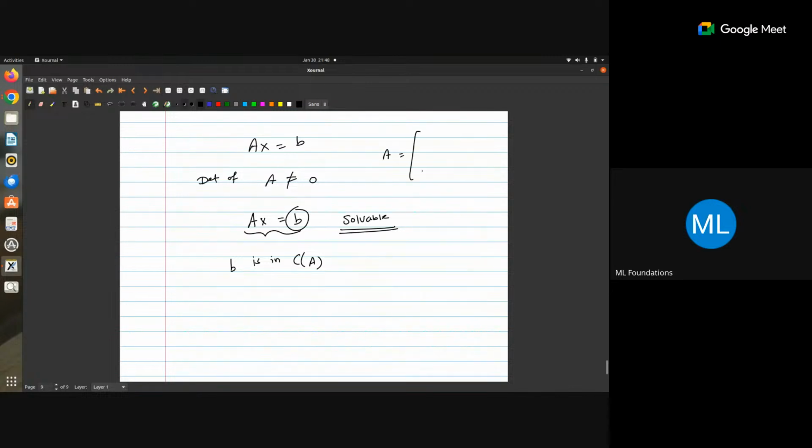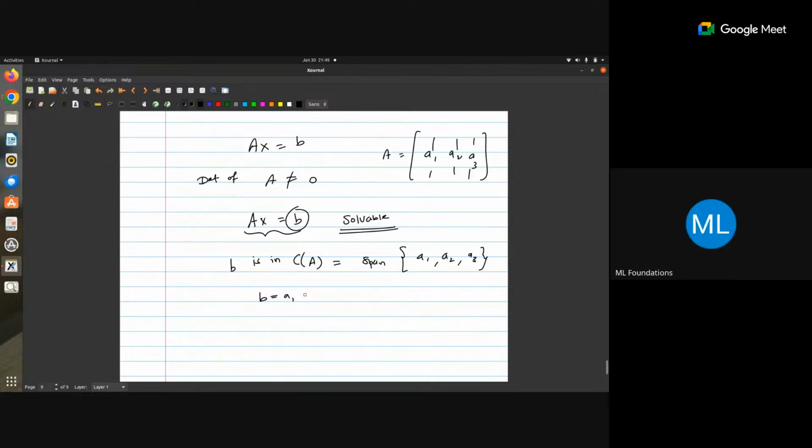So consider A as vectors, let's say A1, A2, and A3. Now, what does it mean that b is in the column space of A? The column space of A here is the span of vectors A1, A2, A3, right? So if b is equal to A1, can this equation be solved?